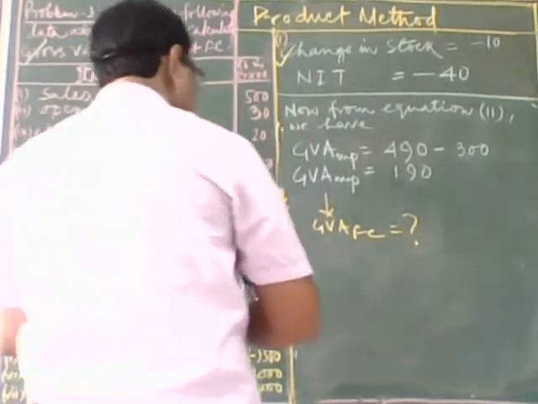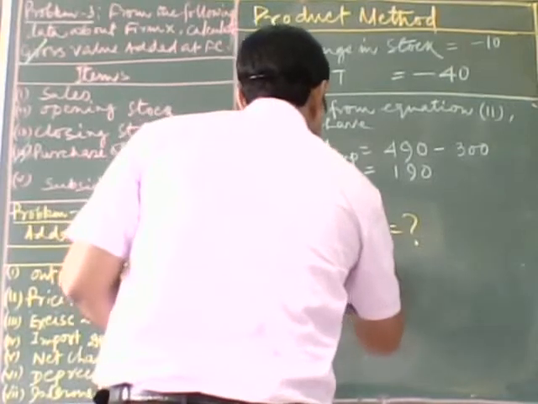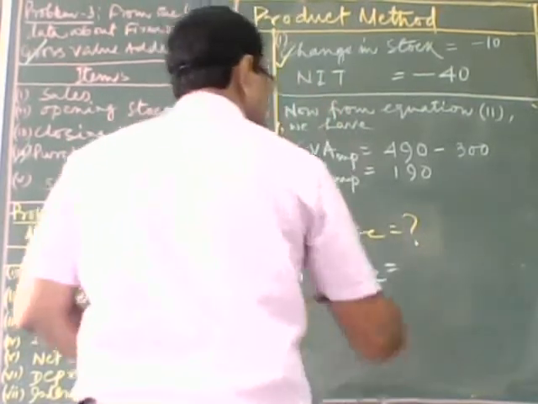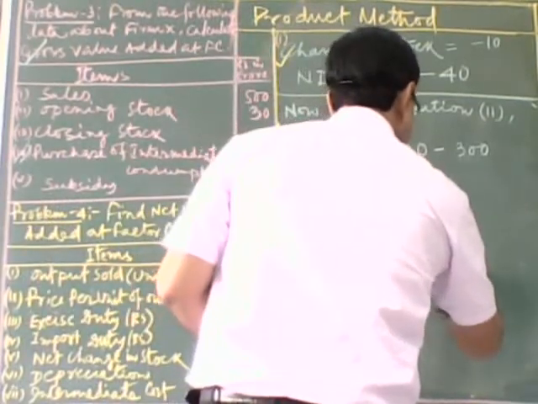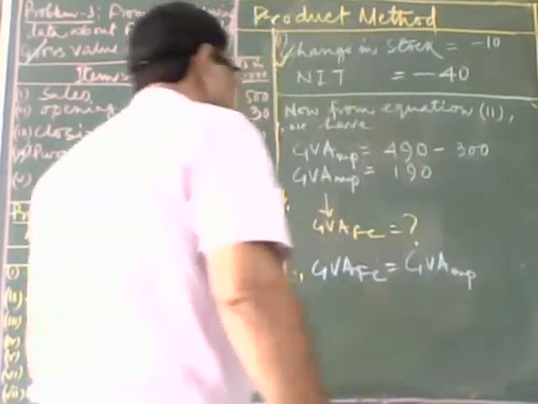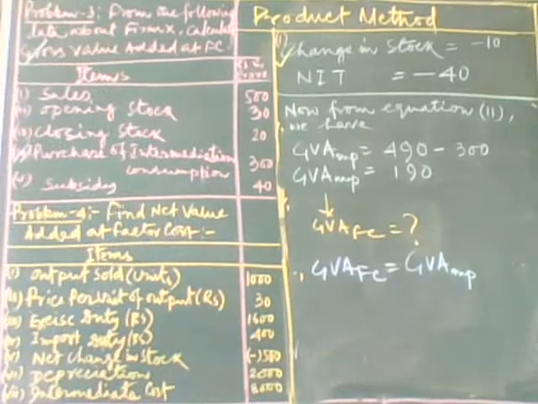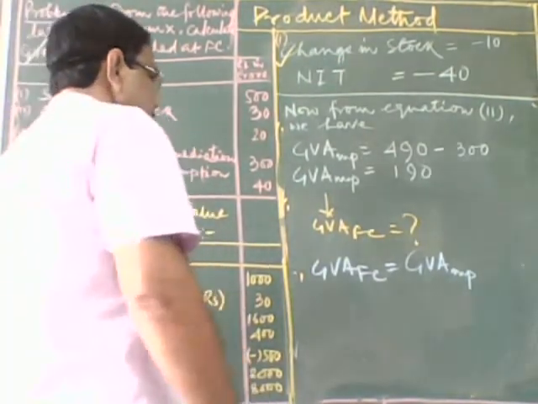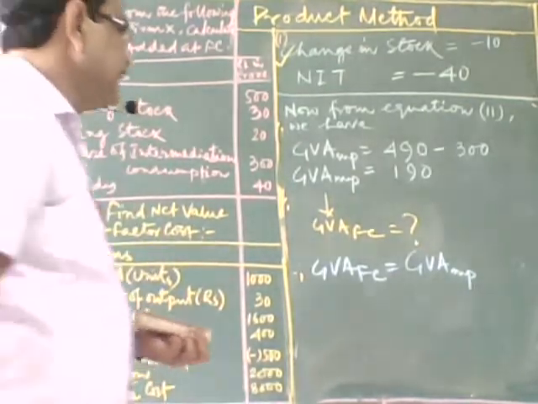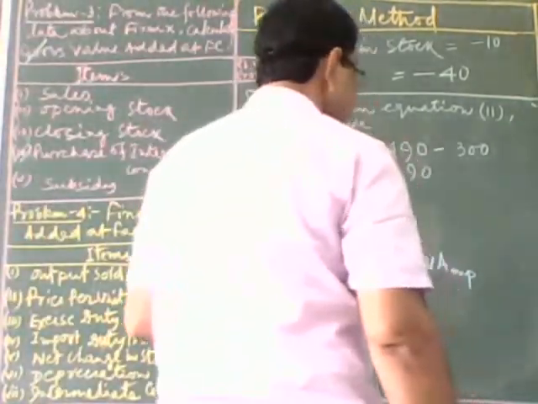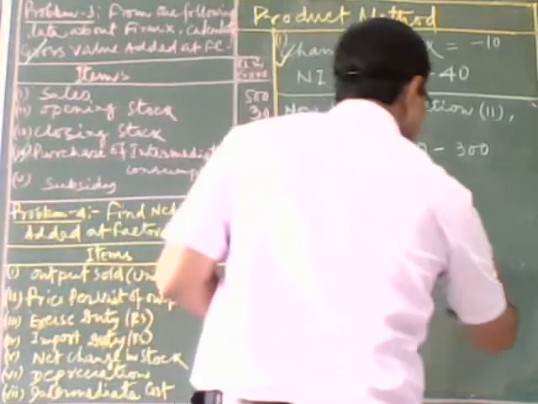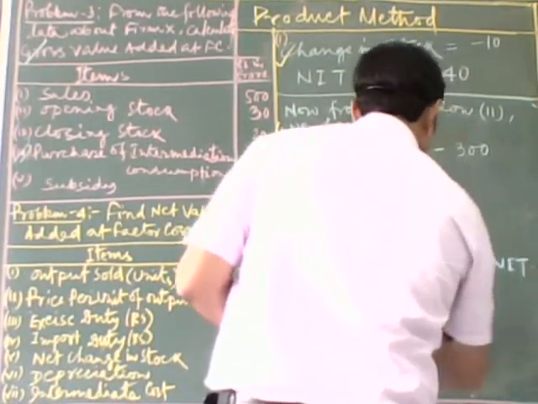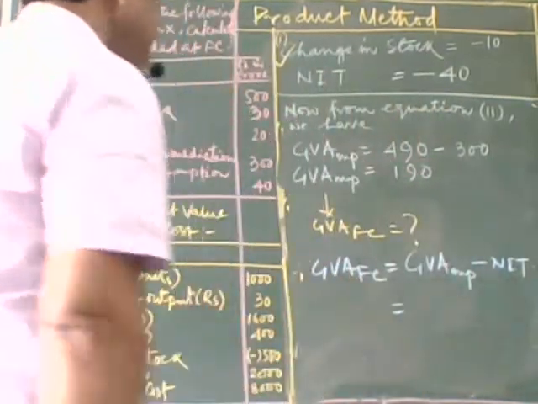Therefore, GVA factor cost is equal to GVA market price. Here relation between market price and factor cost, the bridging component is NIT. So whenever you have to find out the value of FC, then net indirect tax will be subtracted from market price. That is GVA at market price minus NIT.